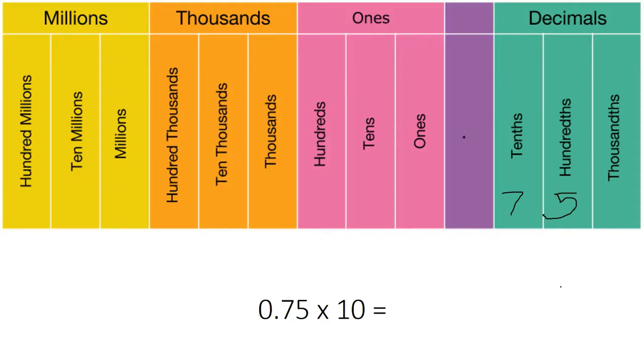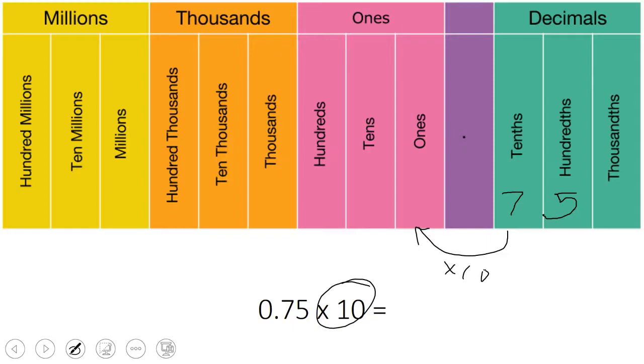You got it? All right, everyone, let's take a look and see if you got it correct. So in this problem, I'm multiplying by 10, meaning everything needs to move up one place in the place value chart. So to multiply these 7/10 by 10, I'm going to move those 7 into my ones place. So now I've multiplied 7/10 by 10, but I still have these 5 hundredths.